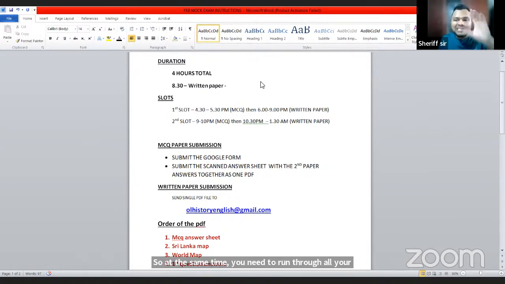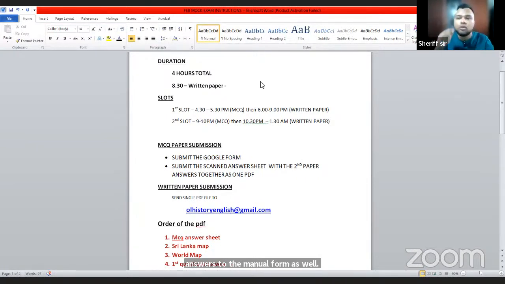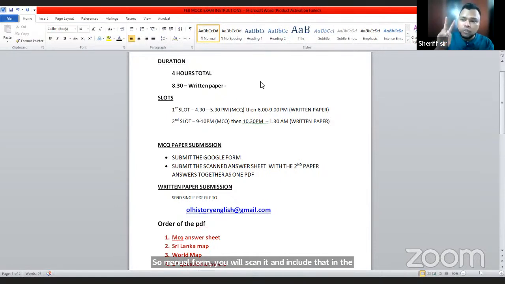You will scan the manual form and include it in the answer package that you're going to email me at the end of the exam. You need to complete both prerequisites in order for your marks to count officially. If anybody missed that, I'm not going to count your marks towards your final marks. So keep that in mind. You must fill the Google form as well as the manual form and send it to me.